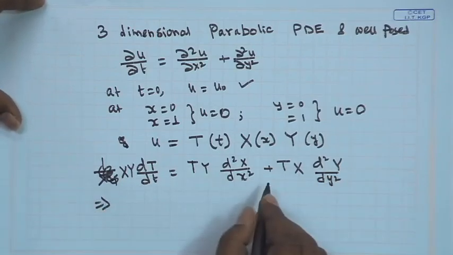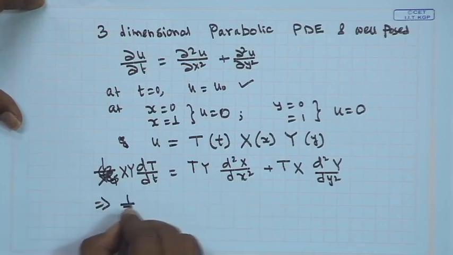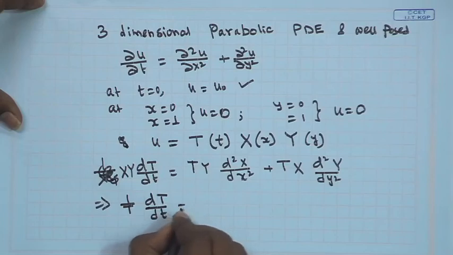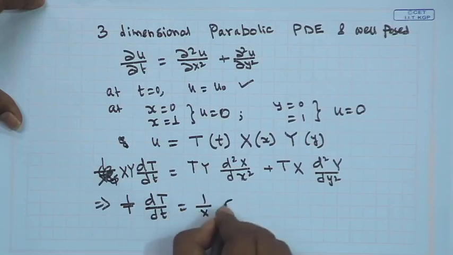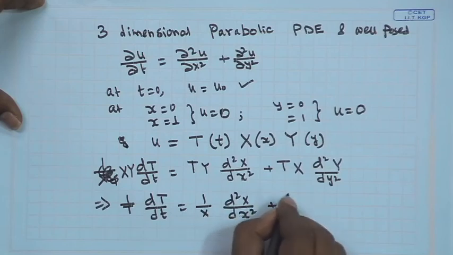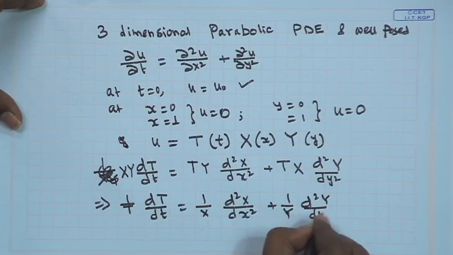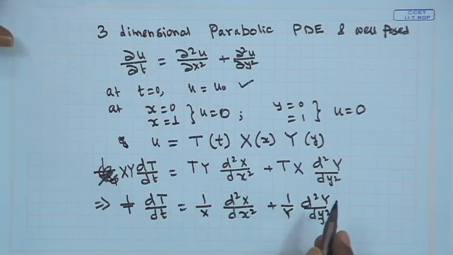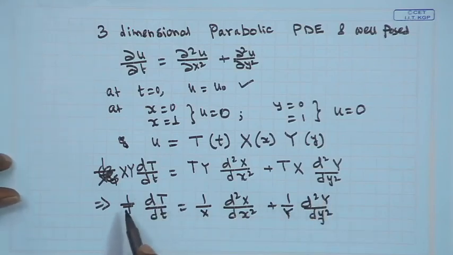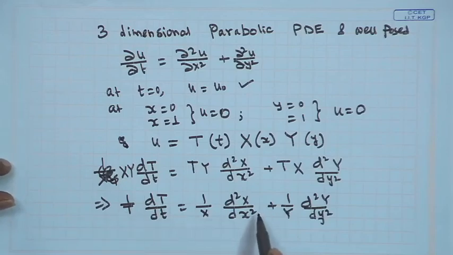I divide both sides by X Y T. So we can separate the variables: 1 over T dT/dt equals 1 over X d square X/dx square plus 1 over Y d square Y/dy square. So the left hand side is a function of time entirely, the right hand side is a function of x and y. So they are equal and they will be equal to some constant.